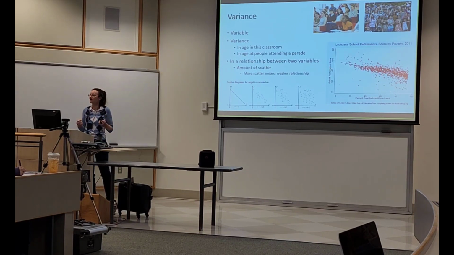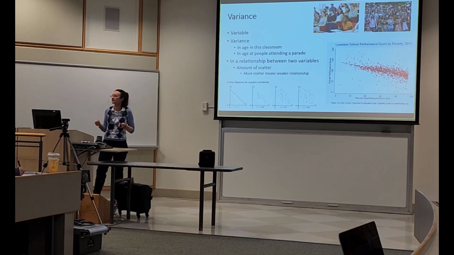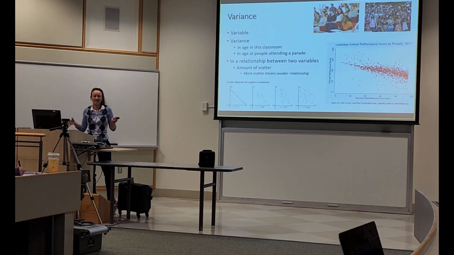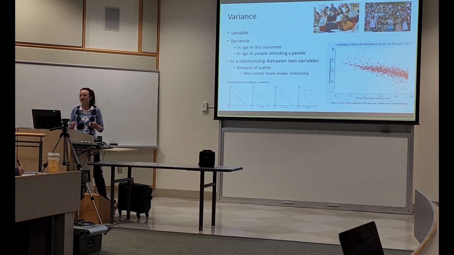There's a range on that, right? There's no 3-year-olds in here. There's no 7-year-olds in here. But then it probably centers somewhere too. So maybe the range is from 17 to, I don't know, 30. Maybe the average is around 20. You get the idea, okay?